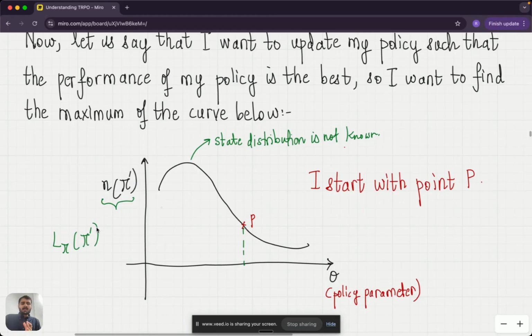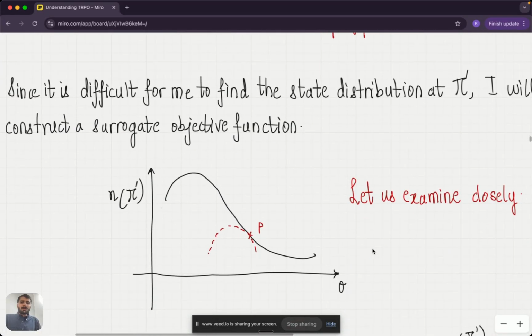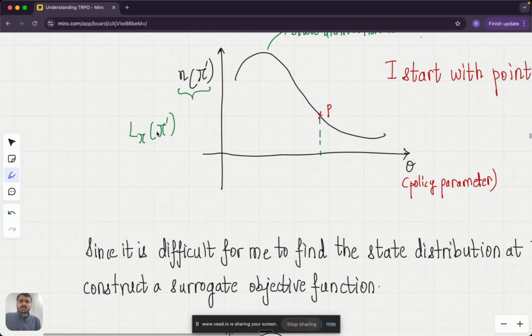So just forget the mathematics for a moment. The new function is L of pi dash minus C times D KL of pi comma pi dash.